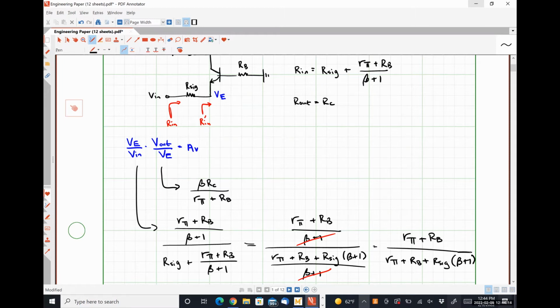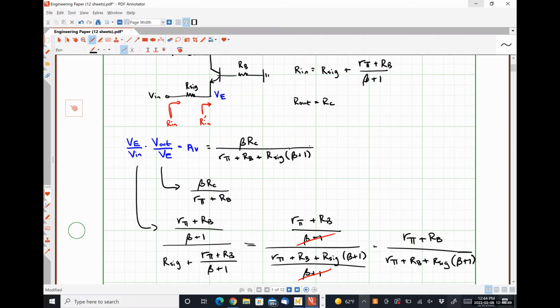They cancel each other out, leaving me with beta RC over R pi plus RB plus R sig times beta plus 1. So we didn't have to do literally any new circuit analysis whatsoever to figure out what was going on. It was all based on our previous work.